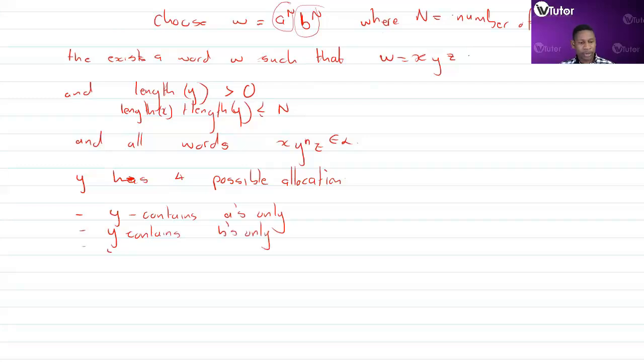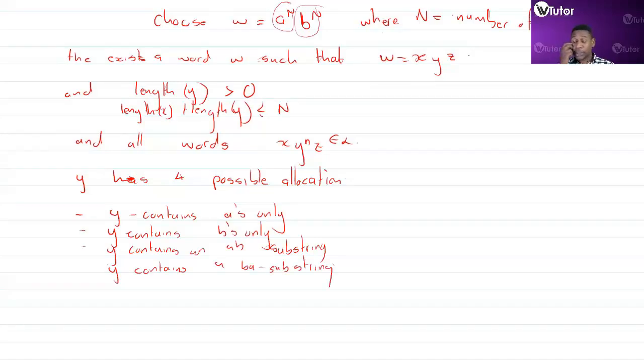Number 3, Y contains an AB substring. Number 4, Y contains a BA substring. So these are the possible allocations for Y.